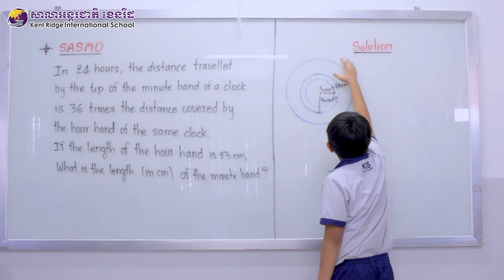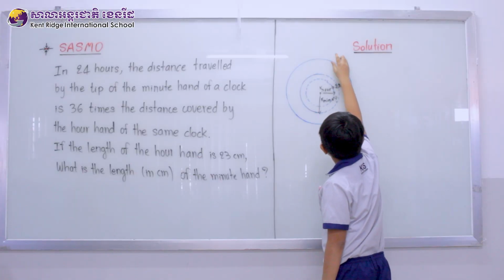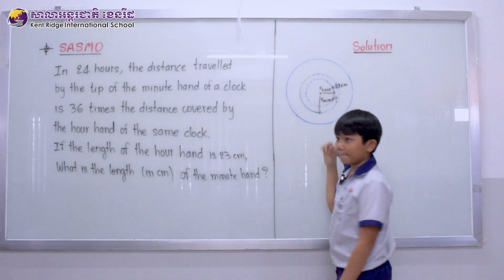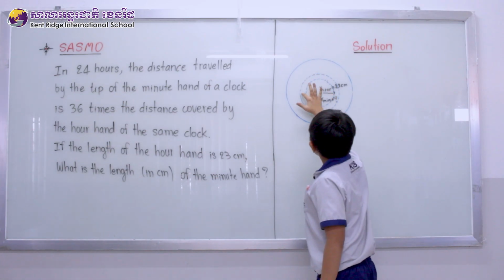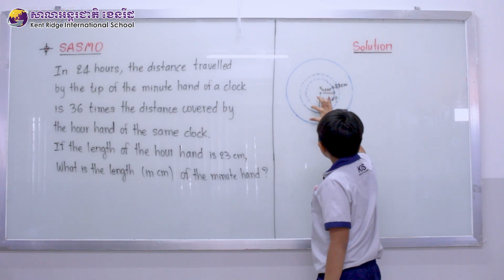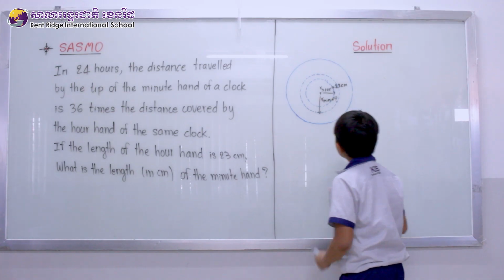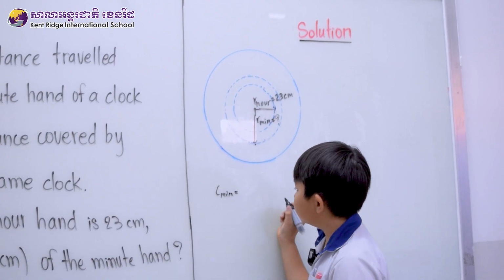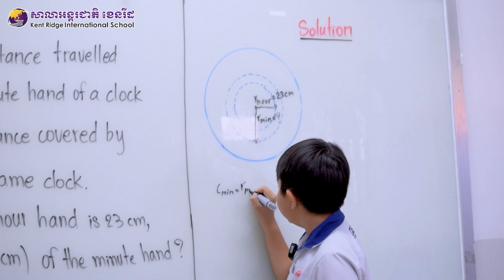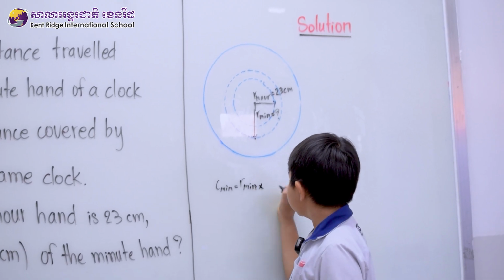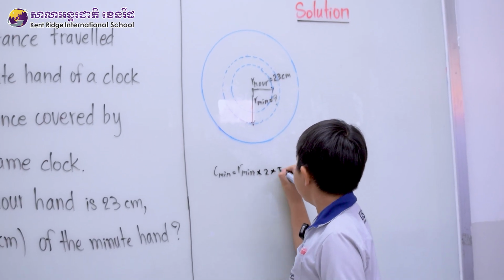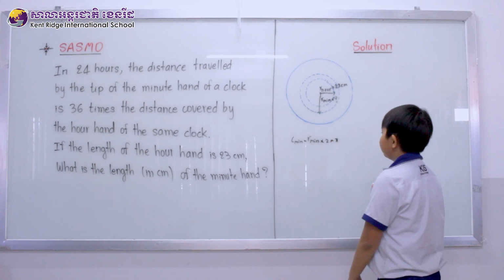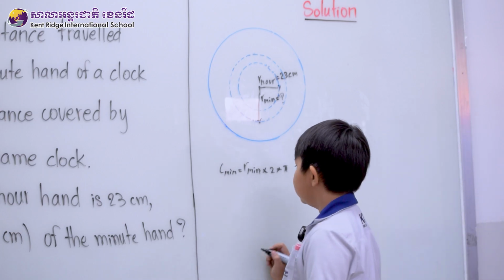So this is the revolution of the minute hand. So the circumference of the minute hand is equal to the radius of the minute hand times 2 times pi. Since we can't find the radius of the minute hand yet, we're just going to skip to the hour hand.